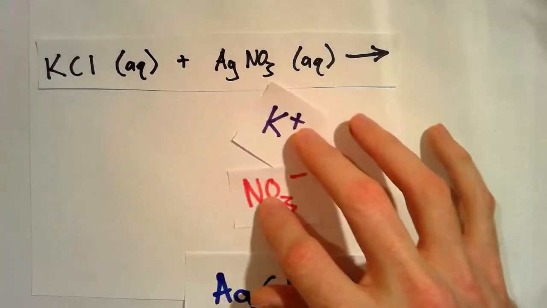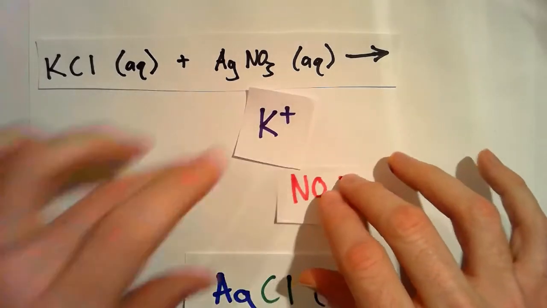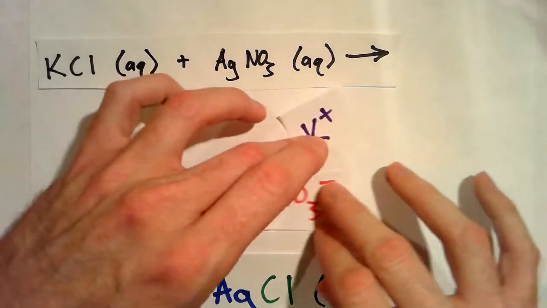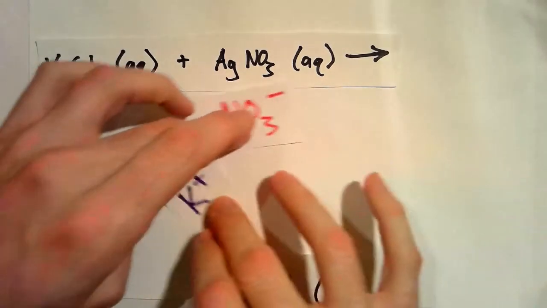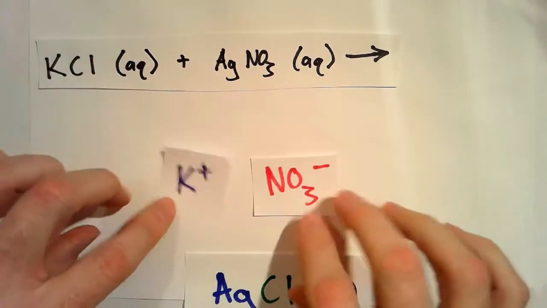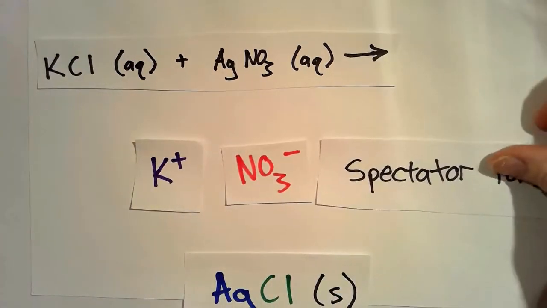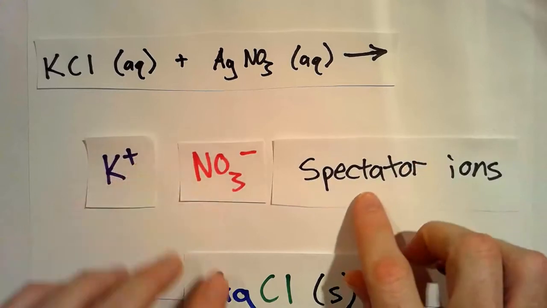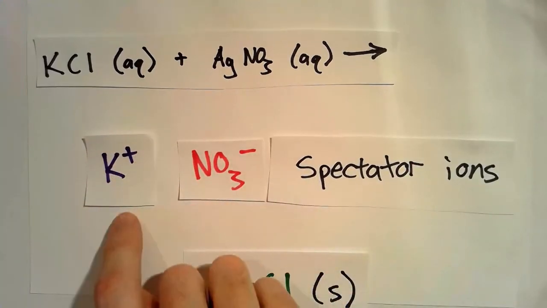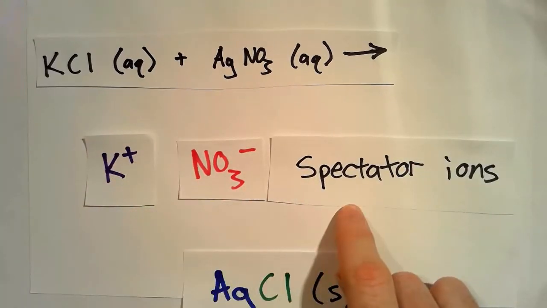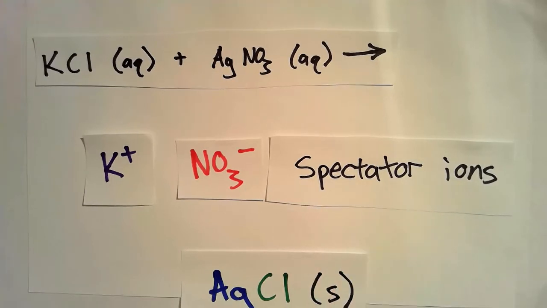The potassium and the nitrate will continue to float around in our solution just kind of all willy-nilly like they were before. So now these are called spectator ions. These ions here are called the spectator ions that will be important later in the near future.